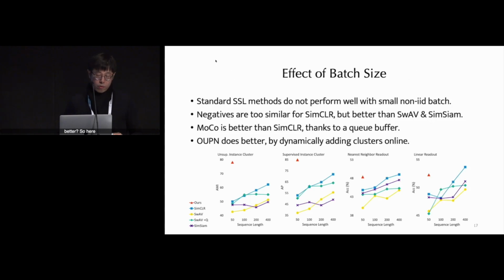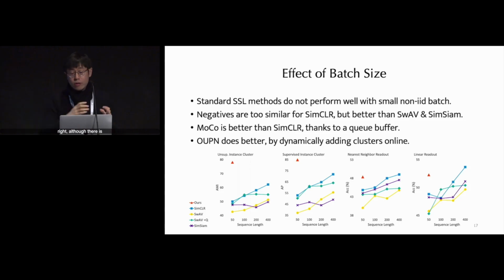Here we did experiments where we tried to understand the effect of batch size, and we varied the number of frames, the context window, for each of the methods, including SimCLR, which is a contrastive-based method, SwAV, which is a clustering-based method, so it's more similar to our method, which is also clustering-based, and SimSiam, which is a method that doesn't rely on negative samples. What we found is that SimCLR is actually performing the best across these self-supervised methods.